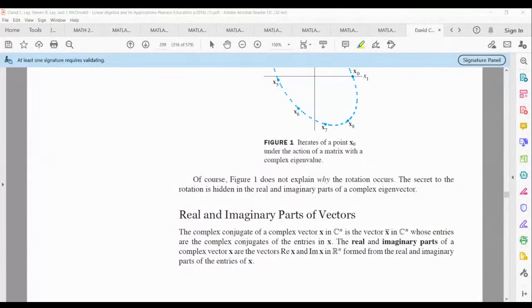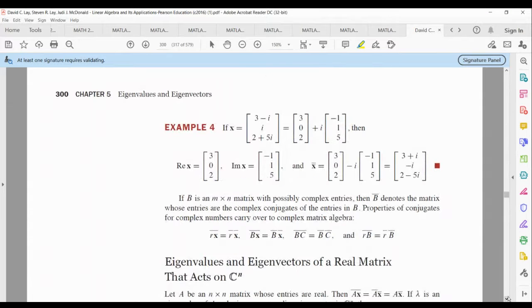with vectors, you can have real and imaginary parts as well. In example 4, here is a vector x that has components 3 minus i, and 2 plus 5i. You can rewrite that vector as a real vector plus i times another real vector.